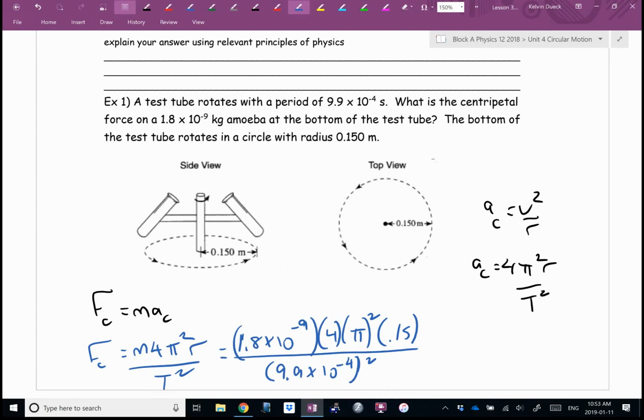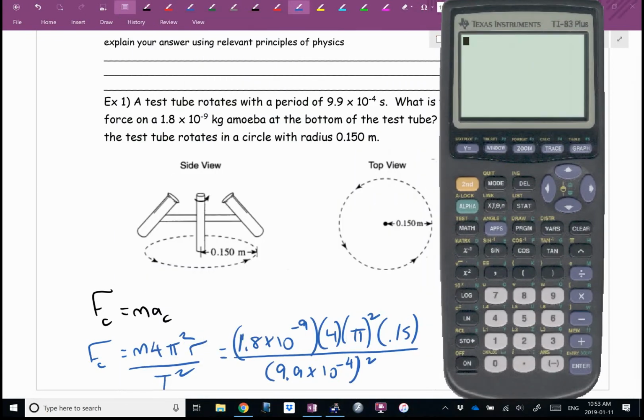I said to you we're going to be getting to some fairly complicated calculator work. Please, every one of you, try typing this in. I got 0.0109.